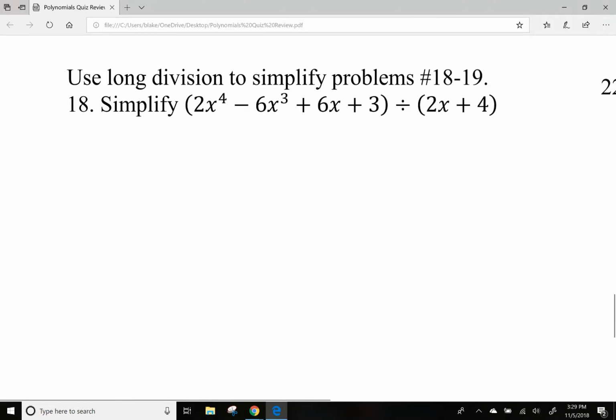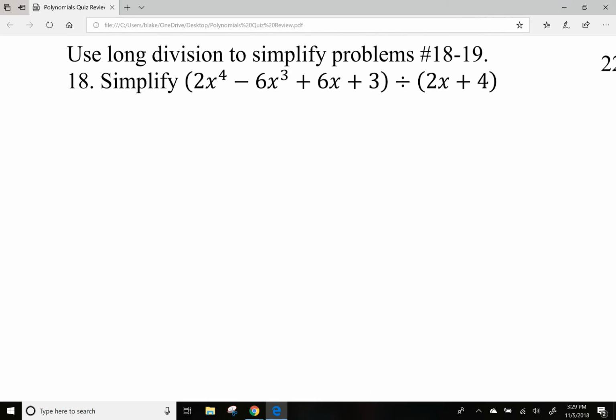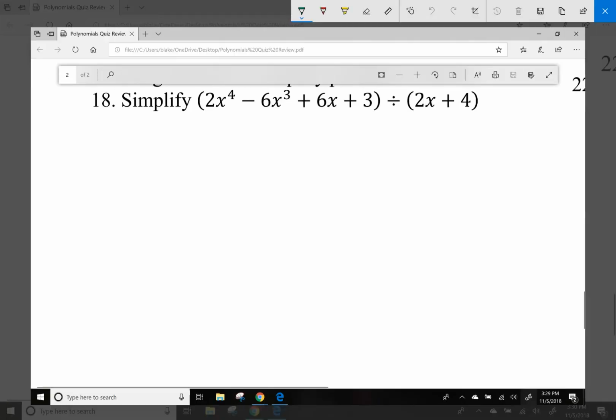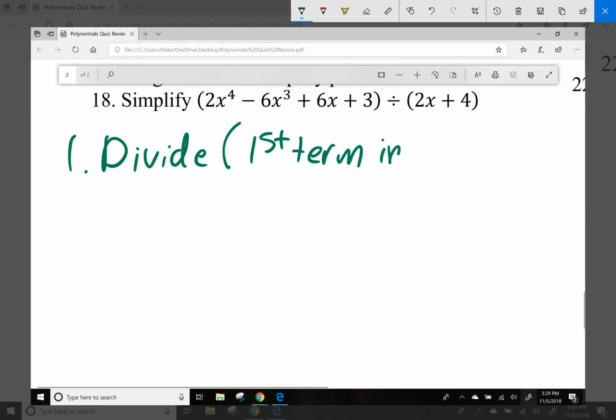So division, I'm going to write the steps down, and you can screenshot it or whatever you want to do, then I'm going to erase them and just do the problem because I don't have enough room, I don't think, for all of that. So the steps are, step 1 is divide. And when you divide, it's the first term inside divided by the first term outside.